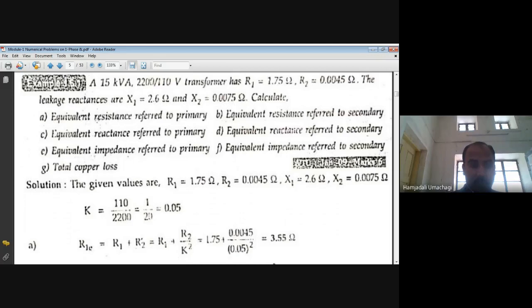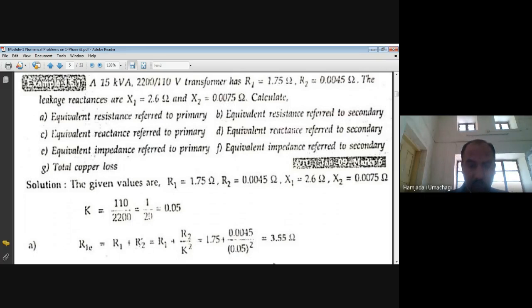So first, I should calculate the equivalent resistance referred to primary, R1E. R1E is equal to R1 plus R2 dash. R2 dash means this is the secondary resistance which we have shifted to the primary side, which means we are moving in the backward direction. So always remember, if you are moving in the backward direction, you should divide this R2 by K square.